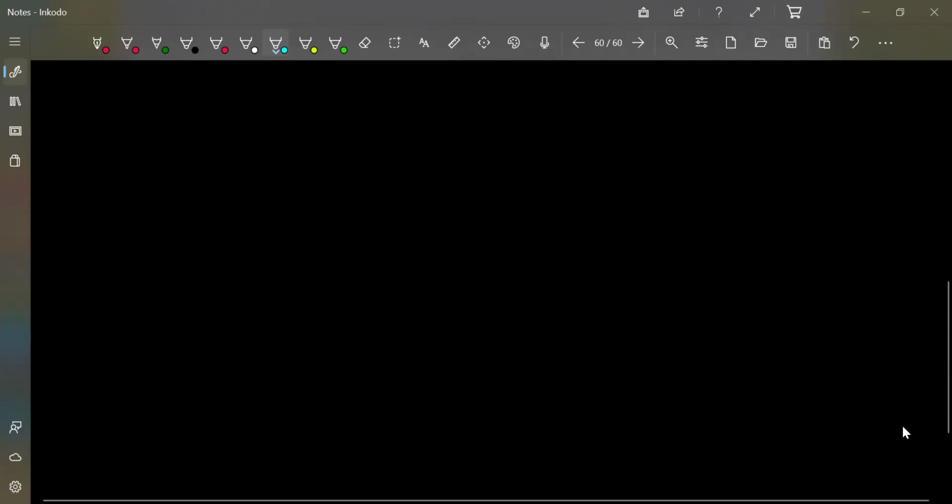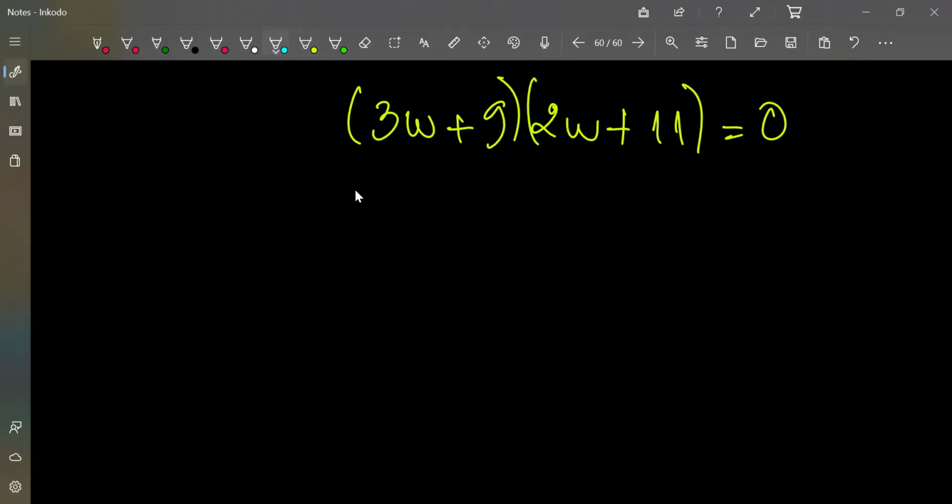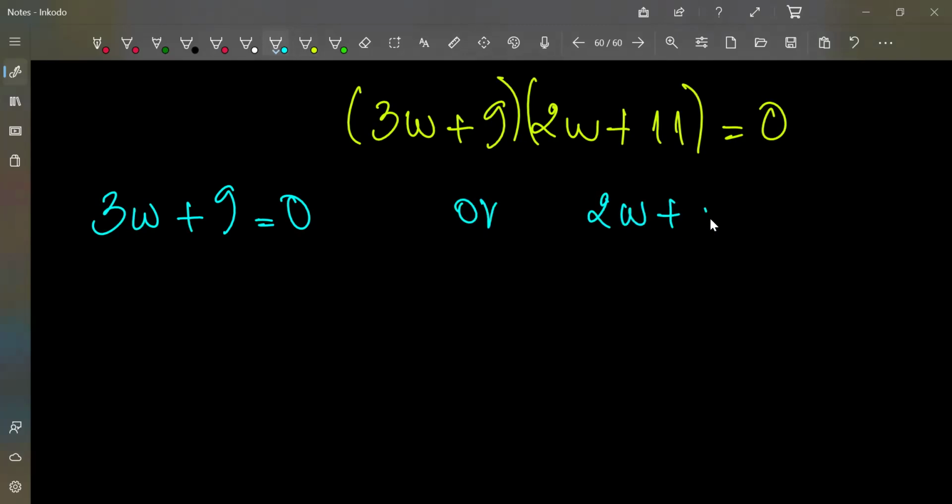Okay. So let's move to the last example. If I have 3w plus 9 multiplied by 2w plus 11 equals 0. Okay, so 3w plus 9 equals 0 or 2w plus 11 equals 0. You can use the transposition method by transposing positive 9 to the right side and changing the sign to negative 9.